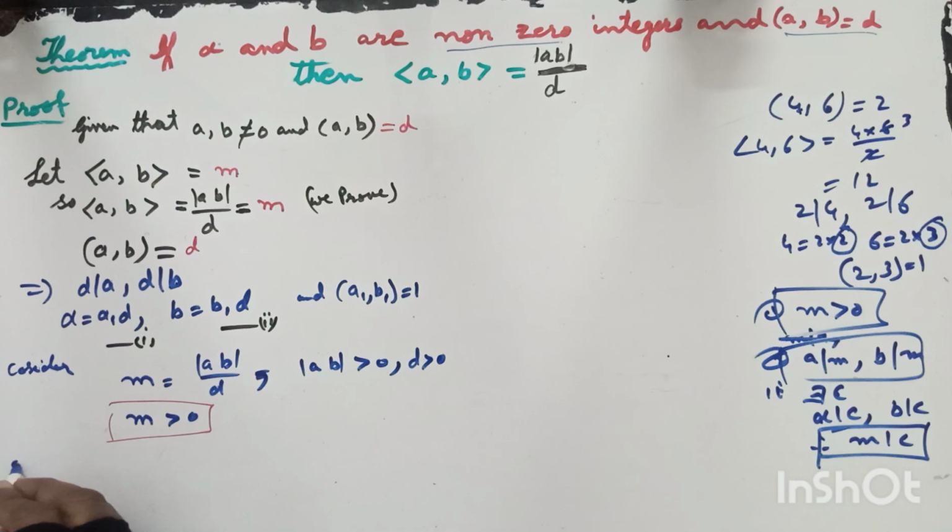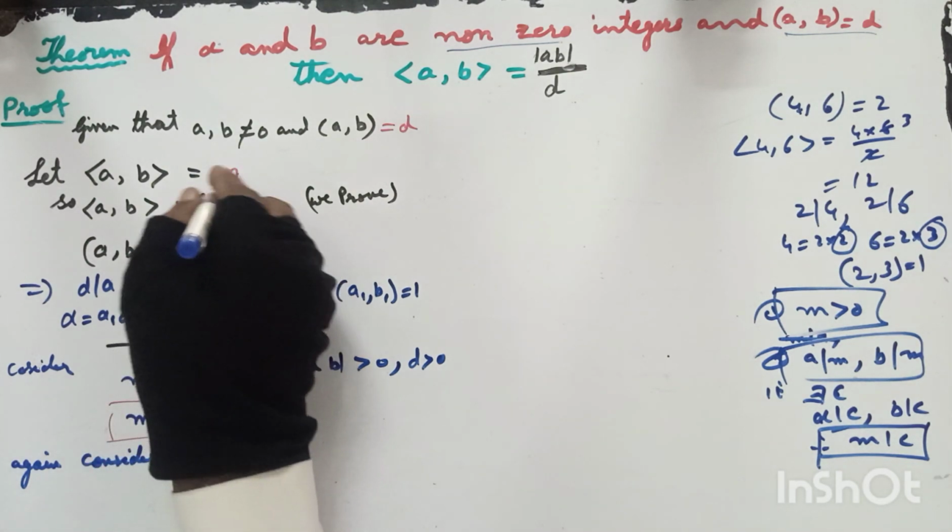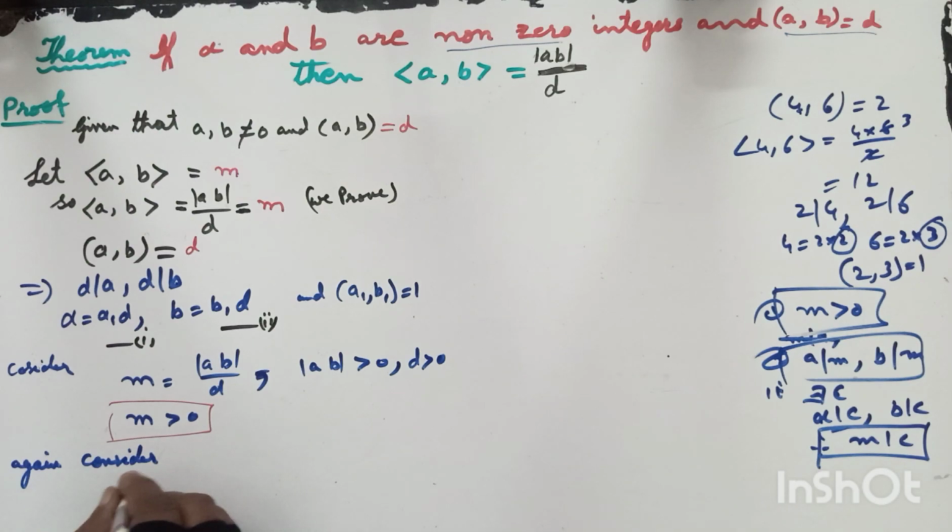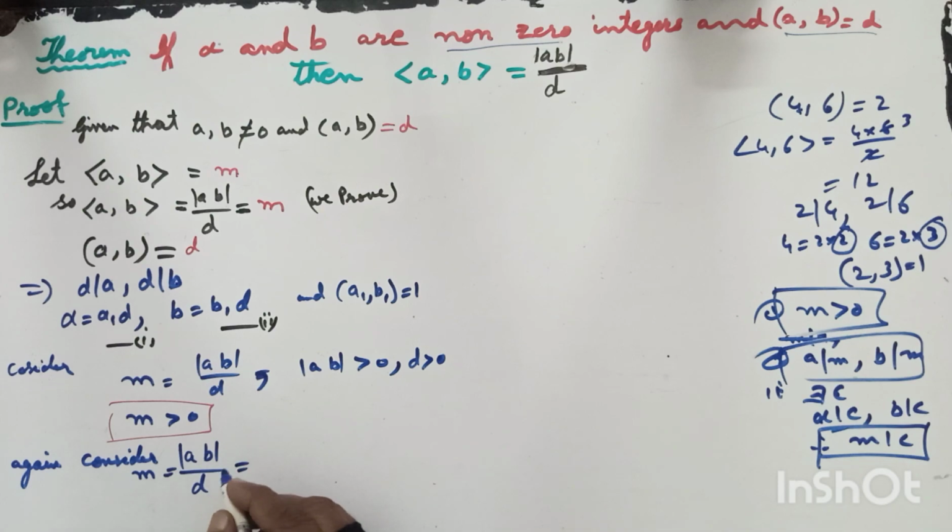Again consider what I have considered, this expression: the absolute value of ab over d is equal to M. Now plug in the value of b here. What is b? It is b1 d, and we cancel d with d.